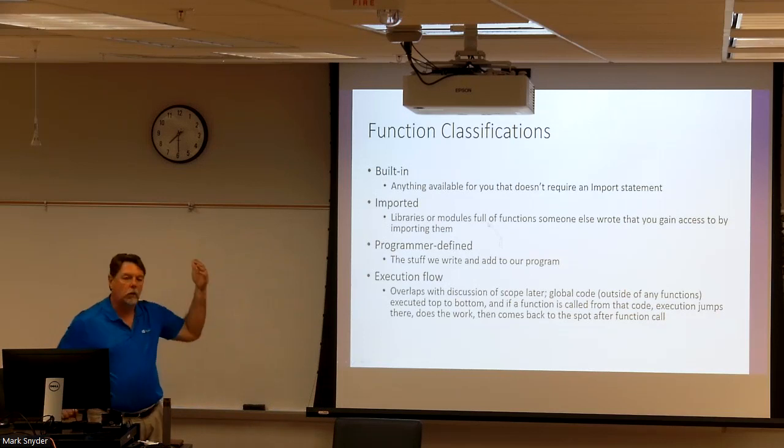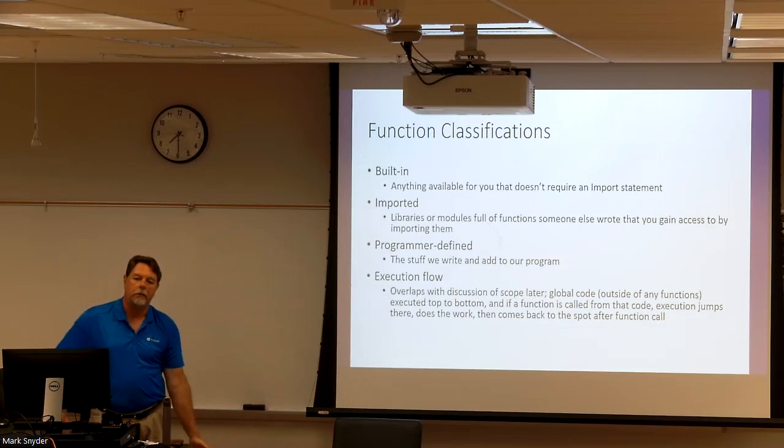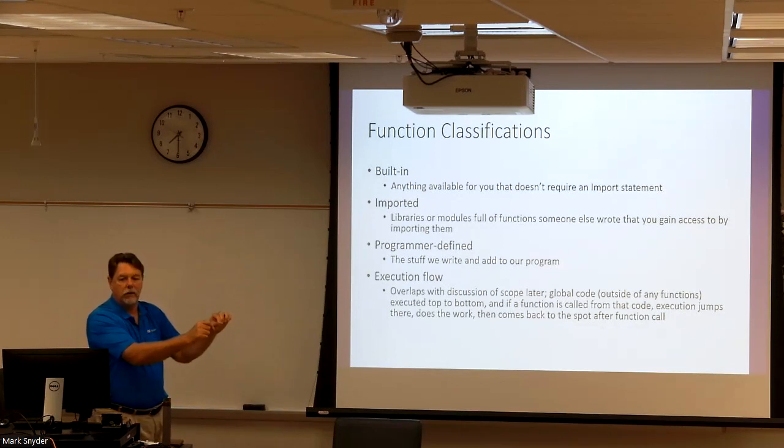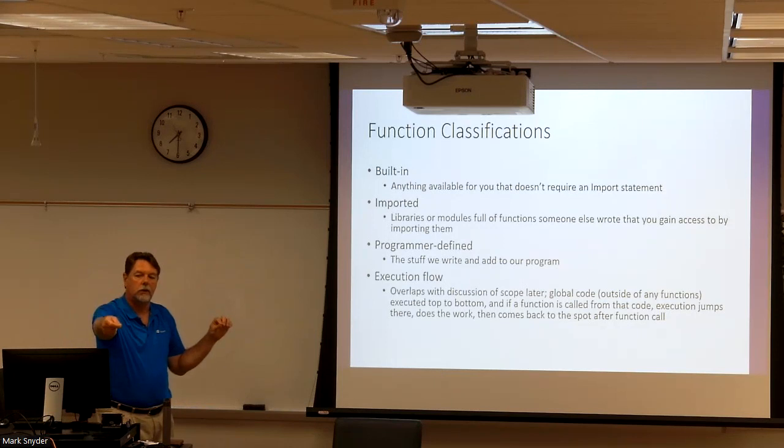But what Python will do is it'll start at the top and it'll execute all of the code that's in global scope from top to bottom of your file. When it gets to a point where your code calls a function, it will jump to it. It'll execute the code in that function. And when it's done, it will jump back to the next line of code after where you called the function. That's the way it works.